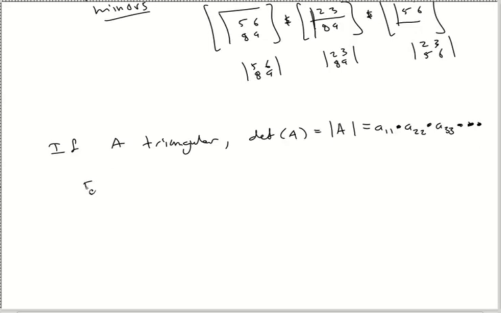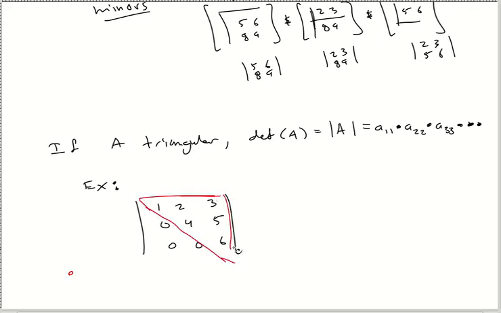So what does that look like? Let me give you an example. Let's say I had 1, 2, 3, 0, 4, 5, 0, 0, 6. This is a triangular matrix because I have the upper triangle, and the lower part is all zeros.